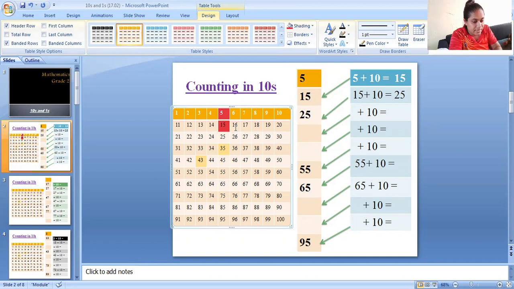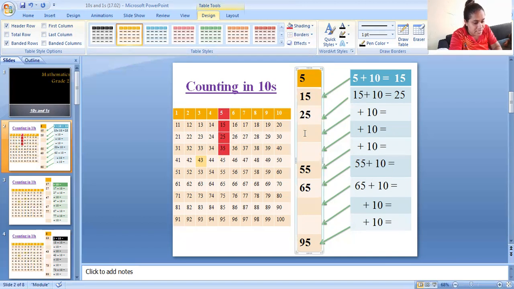And again, I need to add 10 more to find the answer here. 1, 2, 3, 4, 5, 6, 7, 8, 9, 10. Then I got the answer, it's 25. Now again I need to add 1 more 10 to find the answer which should come here. 1, 2, 3, 4, 5, 6, 7, 8, 9, 10. This is the next one.